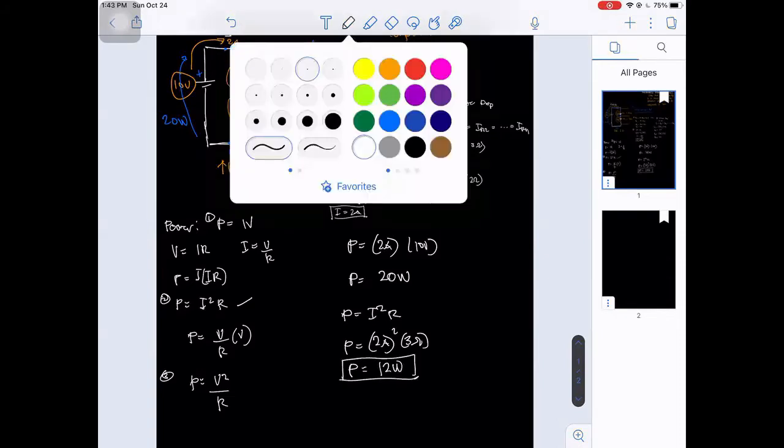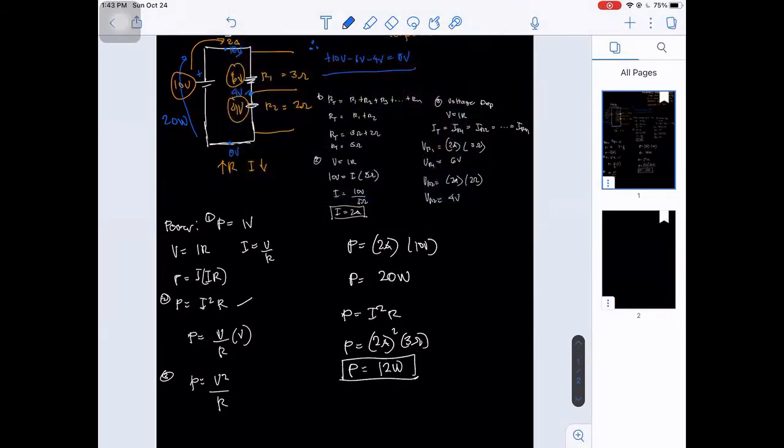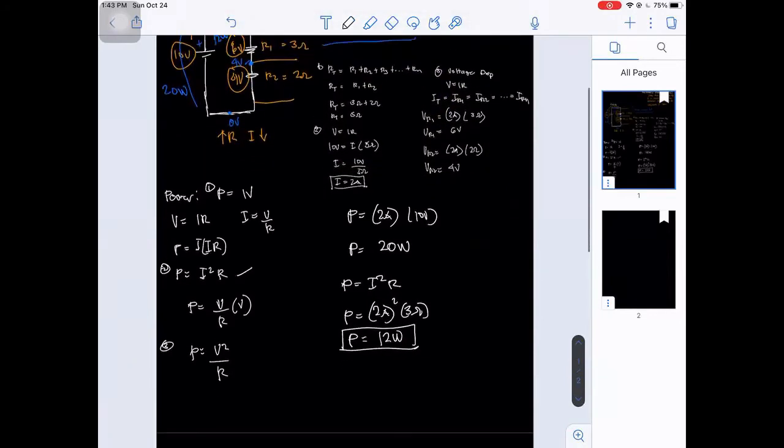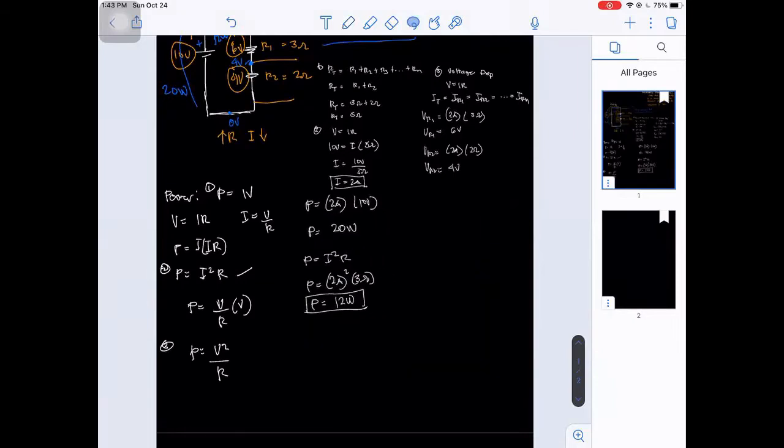So we have 12 watts absorbed by resistor 1. And for resistor 2, let's make more space here.